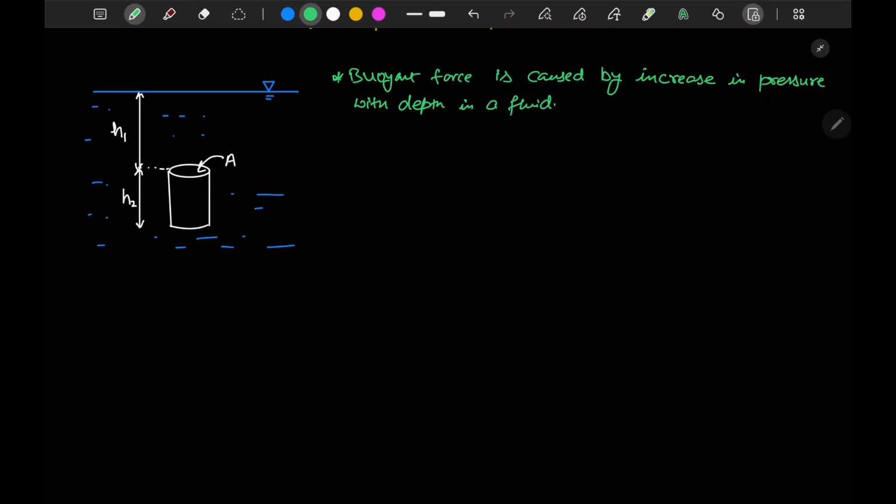So due to the increase in pressure with the depth, we observe the buoyant force.